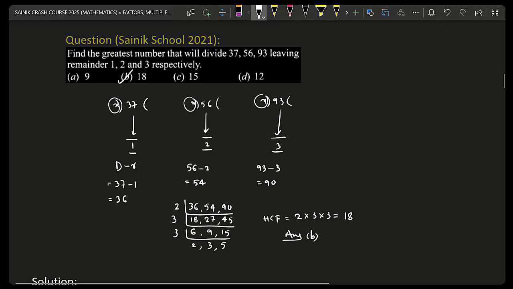Whichever remainder you don't want, you just subtract. So 37 minus 1 is 36. Now 36 is divisible by x. Similarly, 56 minus 2 is 54, divisible by x. 93 minus 3 is 90, divisible by x. That means for all the numbers 36, 54 and 90, x is a common factor and we want the highest possible number, so it must be the highest common factor of them. It should be HCF. Yes? Okay, sir.